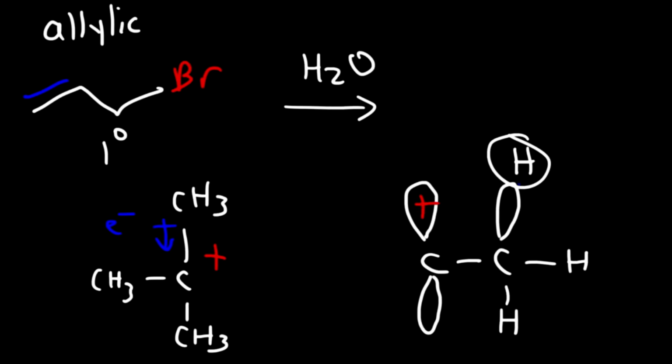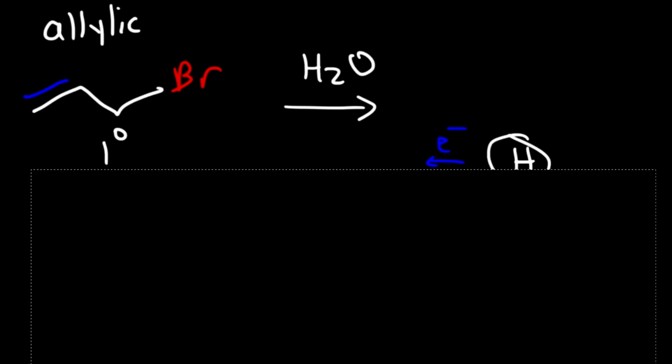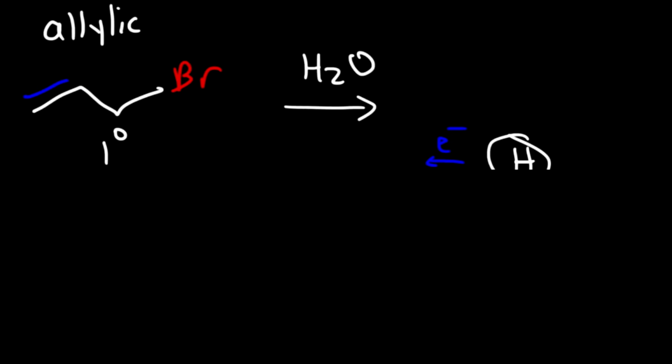In the sigma bond, there are some electrons, and so these orbitals can overlap, thus stabilizing the carbocation intermediate. So those are the 2 ways in which a methyl group can stabilize a carbocation: through hyperconjugation, that is overlapping of the atomic orbitals, or through the inductive effect, where it's donating electron density through the sigma bond.